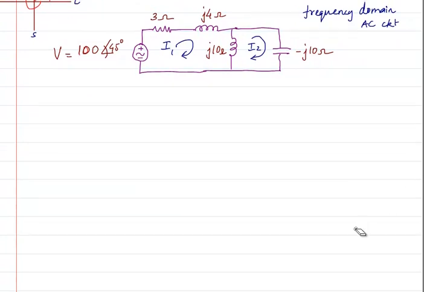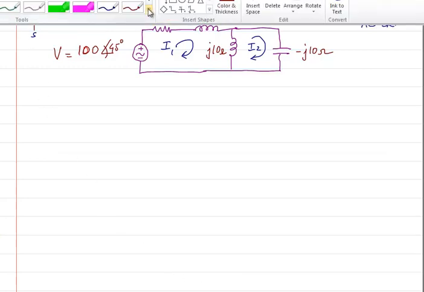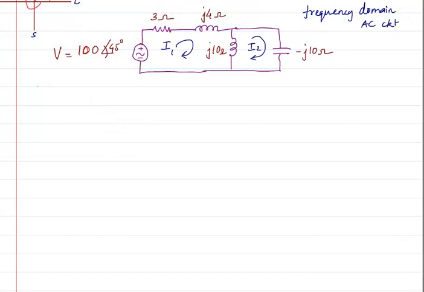Now from here we will do the mesh analysis. For that, let me start by first writing KVL at mesh 1. So the current is going like this. We all know plus here, minus here, plus here, minus here, plus here, minus here. So I will write 100 angle 45 degrees.